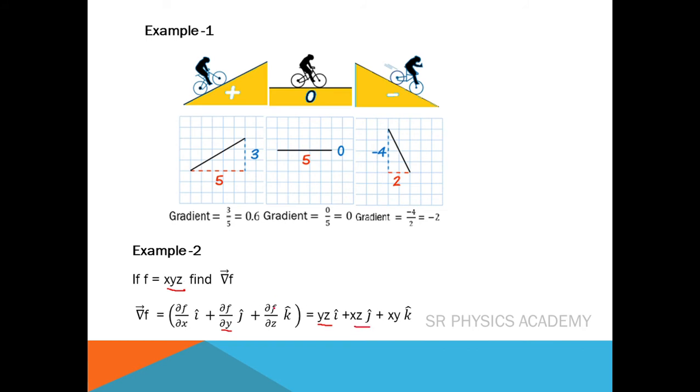And dou f by dou z, with respect to z, the balance is xy, so we will get xy k, where k is the direction vector. So we will get yz i plus xz j plus xy k vector. Now you clearly understand that the resultant of the gradient of f is a vector field, a vector function.